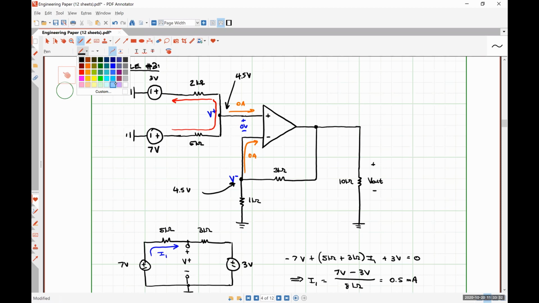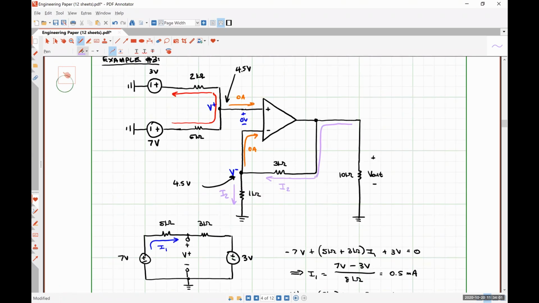So there is a current, let's call it I2, that's going to flow down through the 1 kilo ohm resistor because there is a voltage drop over the 1 kilo ohm resistor. And ideal op amp rule 1 tells us that this current, which is coming from our output voltage, is going to flow through the 3 kilo ohm resistor, and that these two currents are the exact same thing.